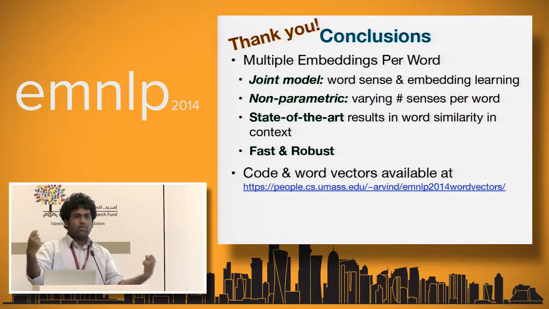In a mixture model setting, you would do soft assignments where you have a probability for each sense. When we tried training with that objective function, the performance did not improve much with the stochastic version. And I don't know whether they do it when they actually learn the embeddings, or whether it is done as a pre-processing step, which I'm not sure about.